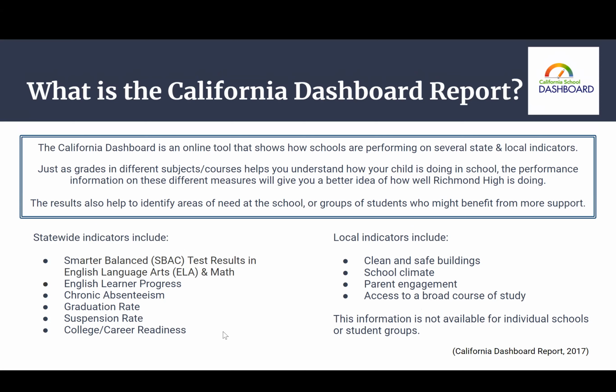And we have English learner progress, chronic absenteeism, the graduation rate, our suspension rate, and college and career readiness. We also have local indicators, and those can include clean and safe buildings, school climate, parent engagement, and access to a broad course of study. Now, this local indicator information is not available for individual schools or for student groups. And again, we're going to be focusing on the statewide indicators tonight. So next slide, please.